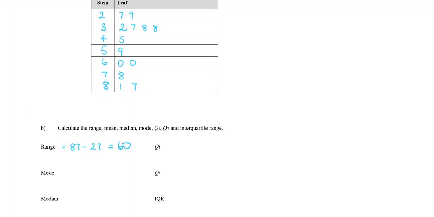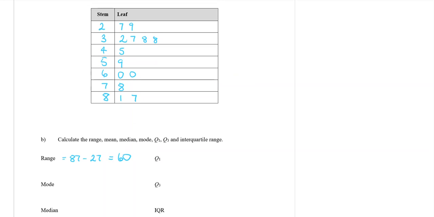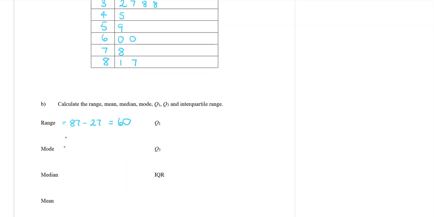Good. Mode. Mode stands for most. So 38 happens twice, yes. 60 happens twice. Yep, so it's going to be both of them. We're going to have mode is 38 and 60.